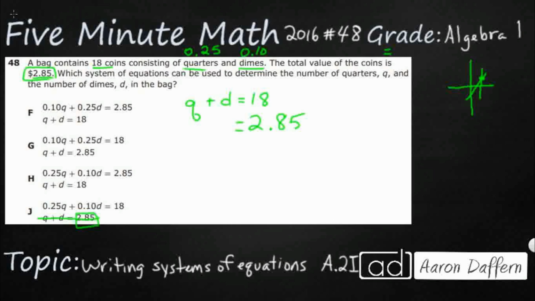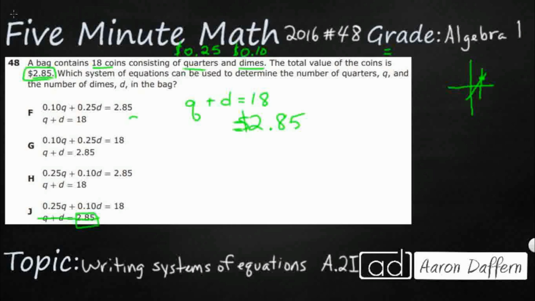That's what that 285 is, the $2.85. And that's where 25 cents and 10 cents come into effect. Now, we're dropping the dollar sign, but if we want, we can add that for clarity's sake, because if we're dealing with $2.85, we need to be dealing with dollars and cents in our quarters.